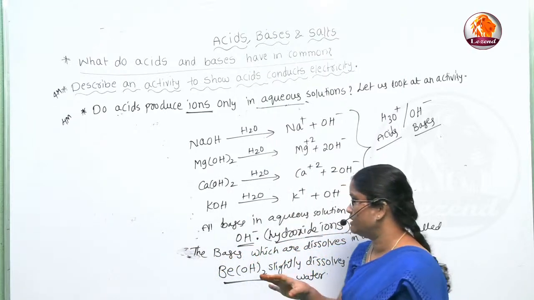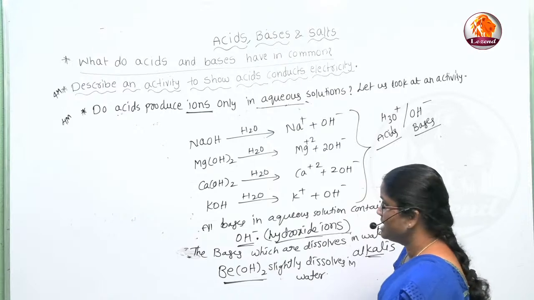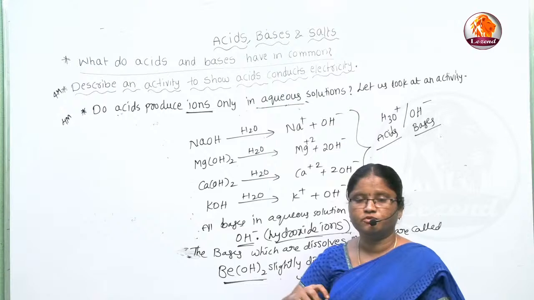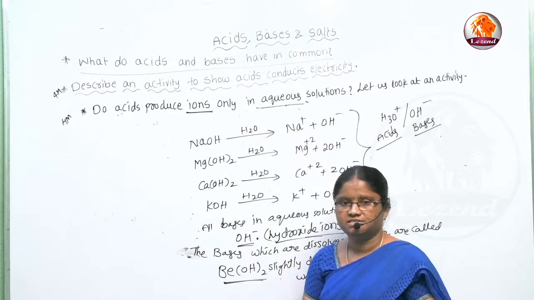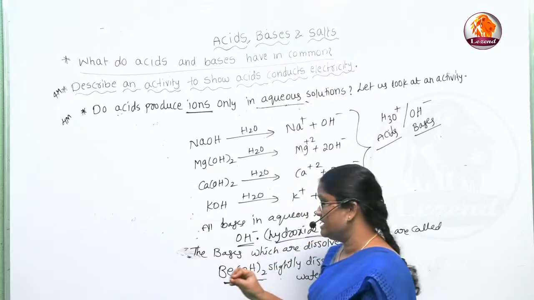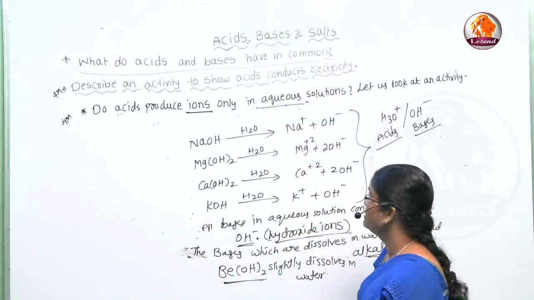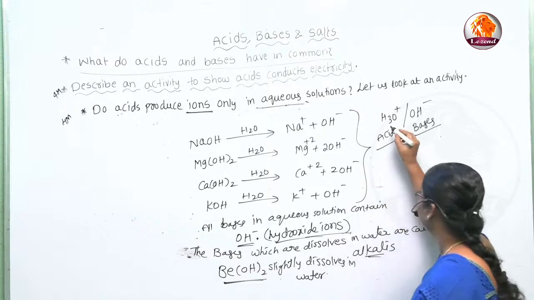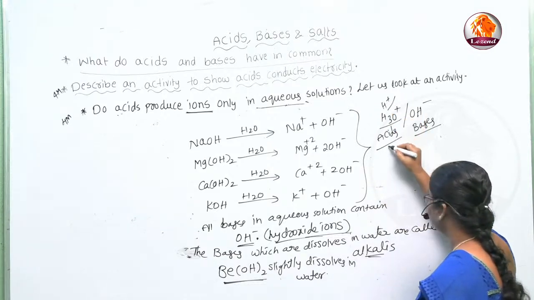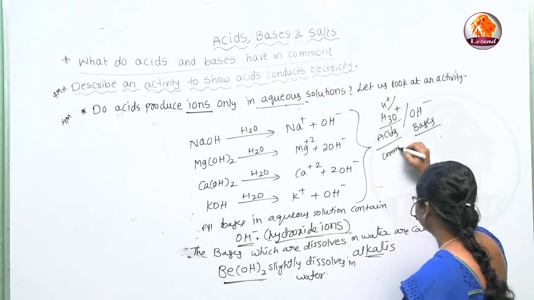In the presence of water only it behaves as an acid. In this way we verify what kind of ions are common in acids and bases: H plus or hydronium ions in acids.